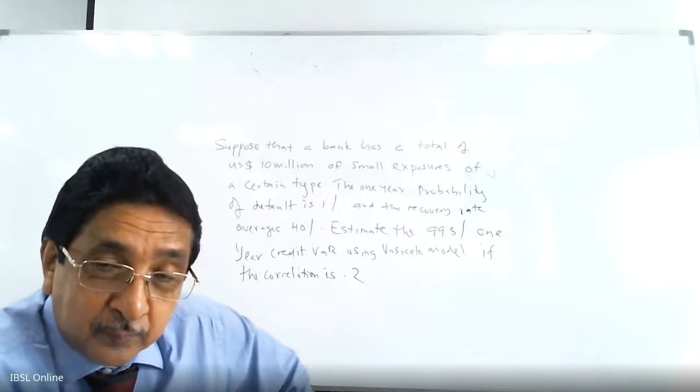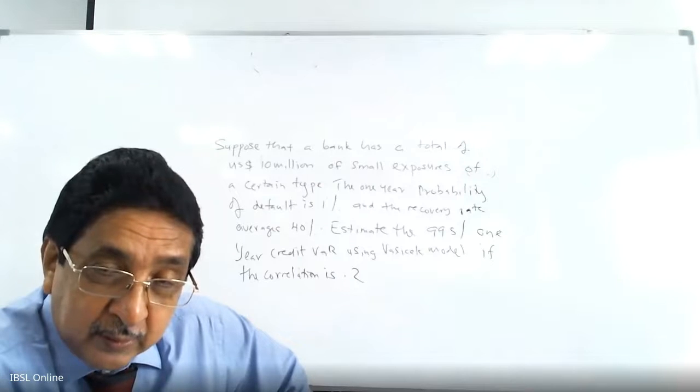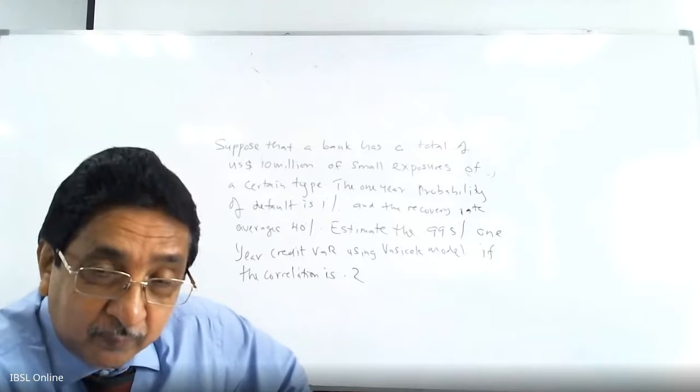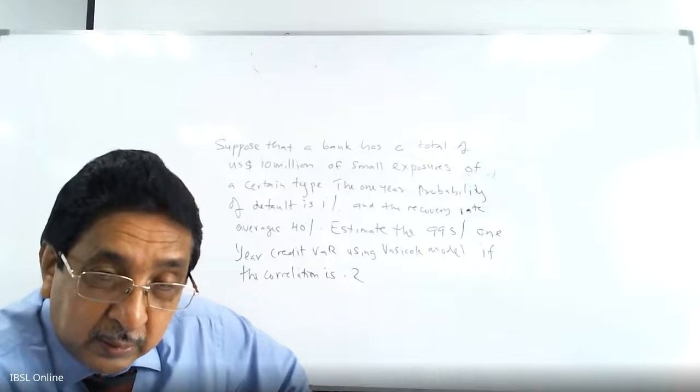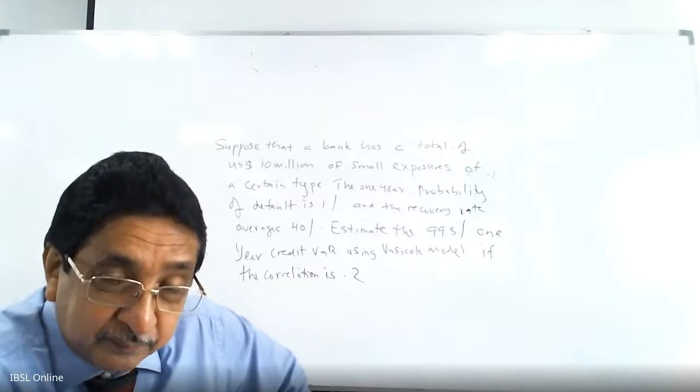Now, by looking at this problem, we have to identify the Vasicek model values here. I just want you to see what Vasicek model values we can take here.